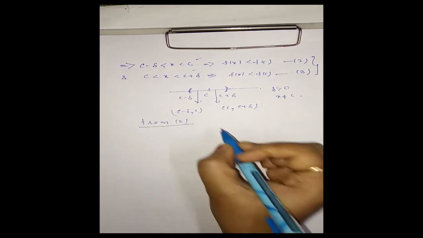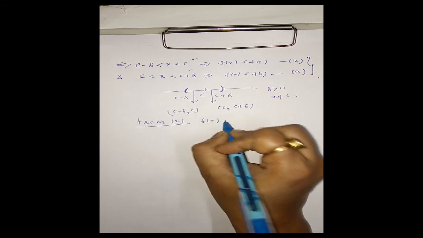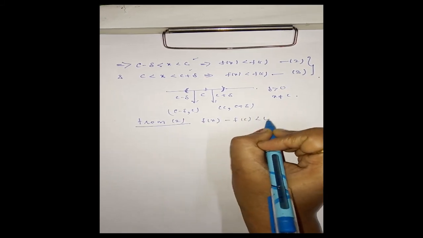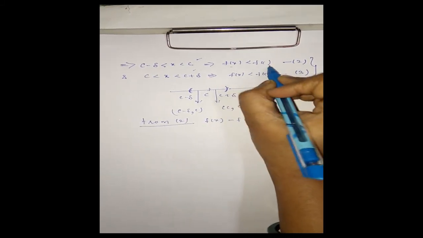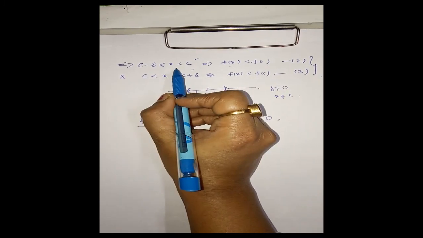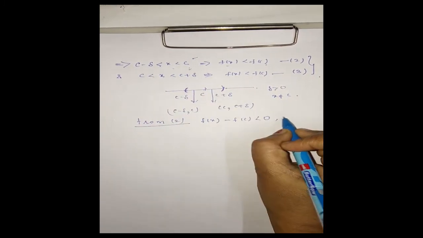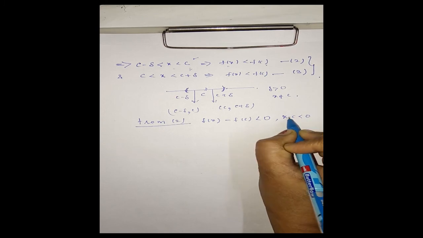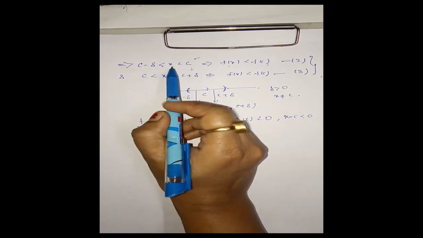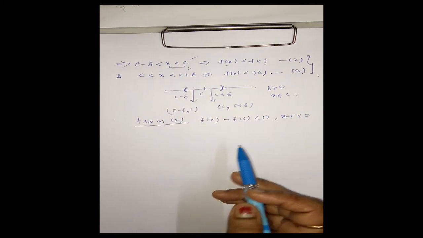Now from equation number 2 we have f(x) minus f(c) is less than 0, and x minus c is also less than 0.